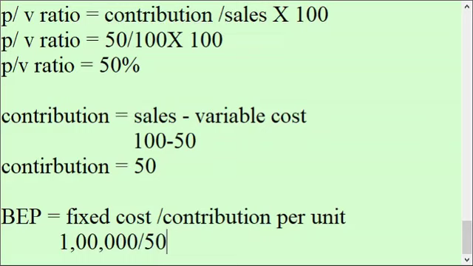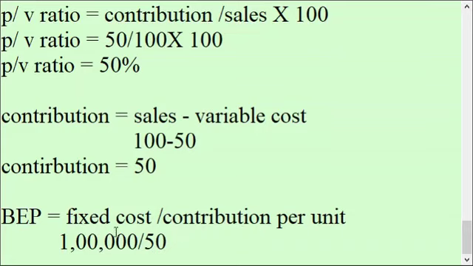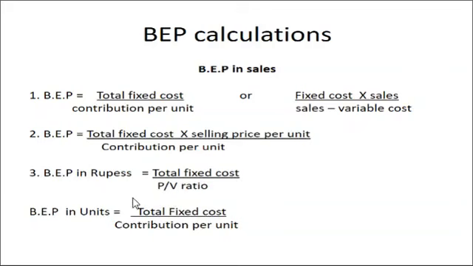How much are we going to get? This will give an answer of 2000. So this is BEP in units, 2000 units we get.